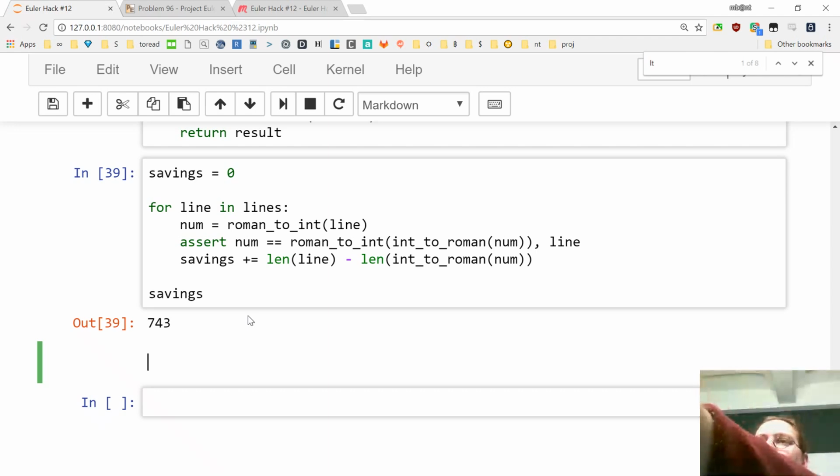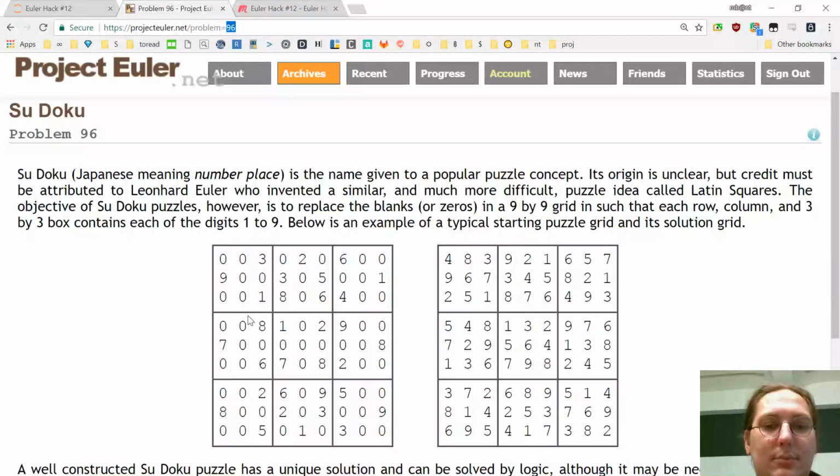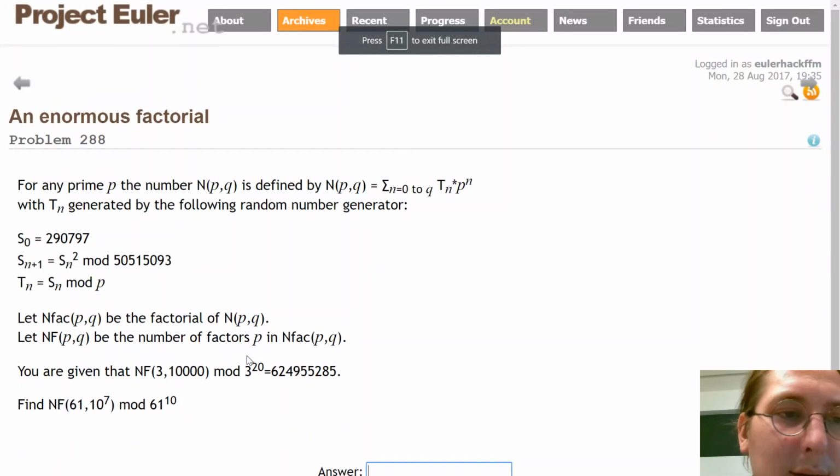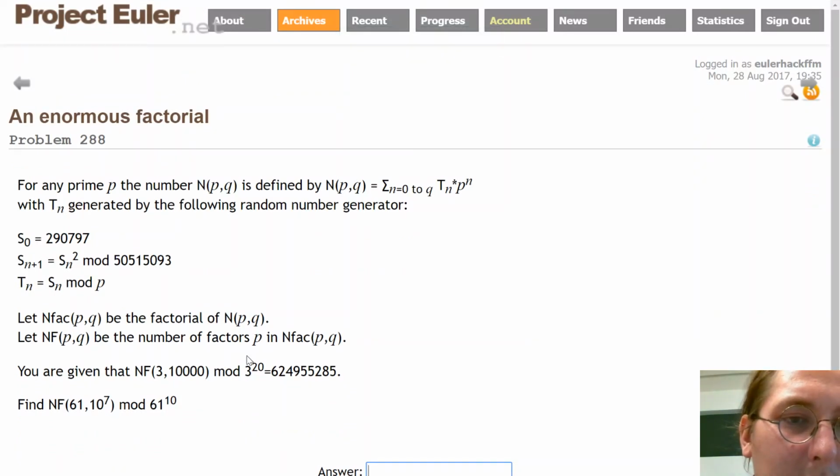Okay. Middle one. 288. An enormous factorial. Whoa, for any prime. This is the one that I need to solve.